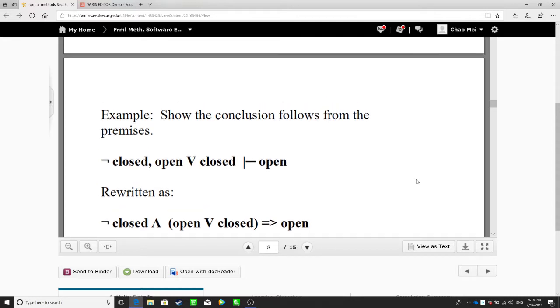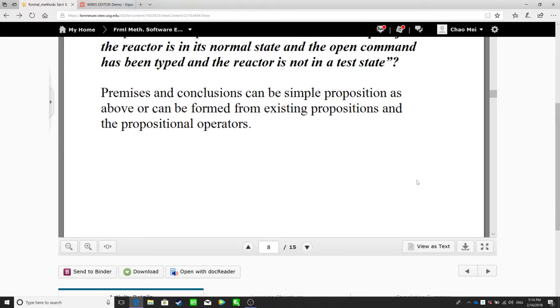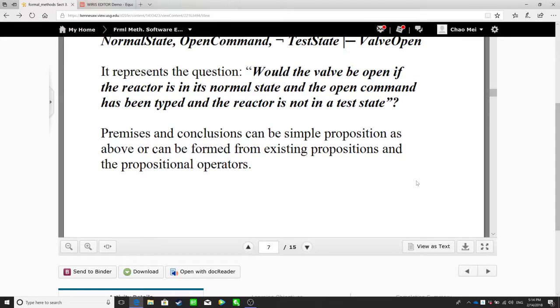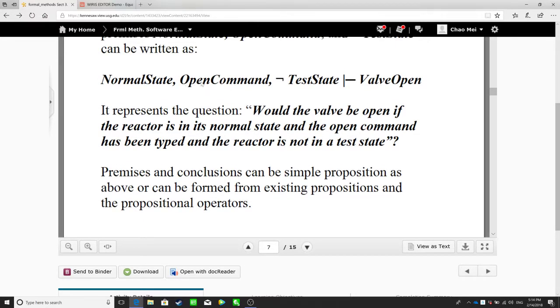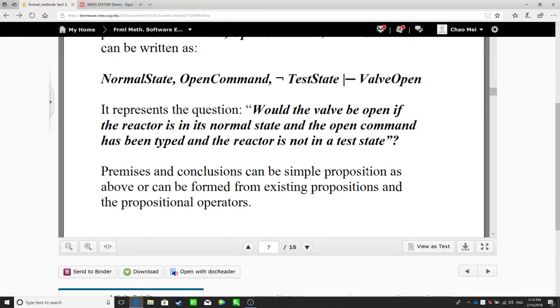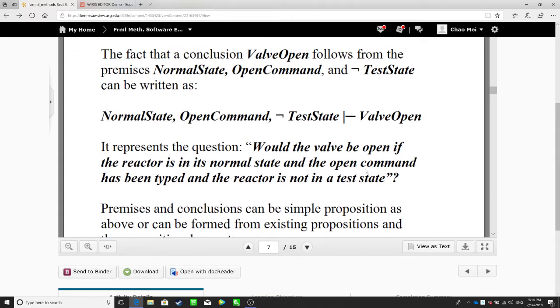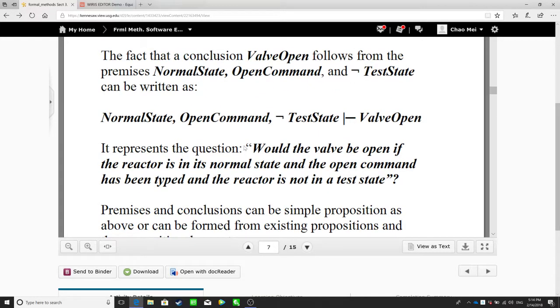We can form them as normal state and open command and negation test state implies valve open. But can we do that here?